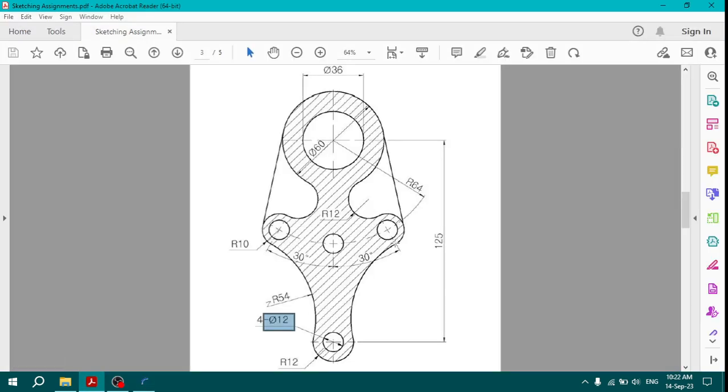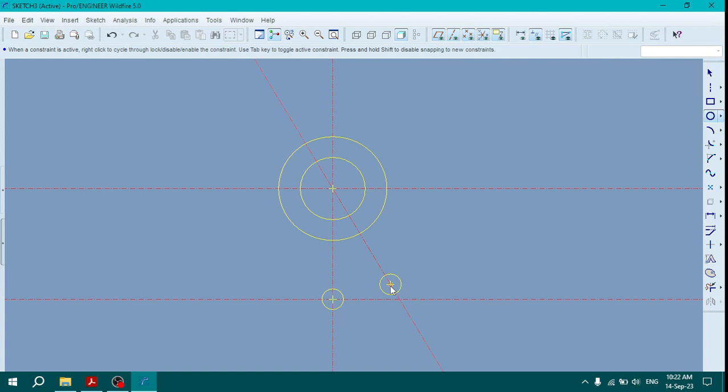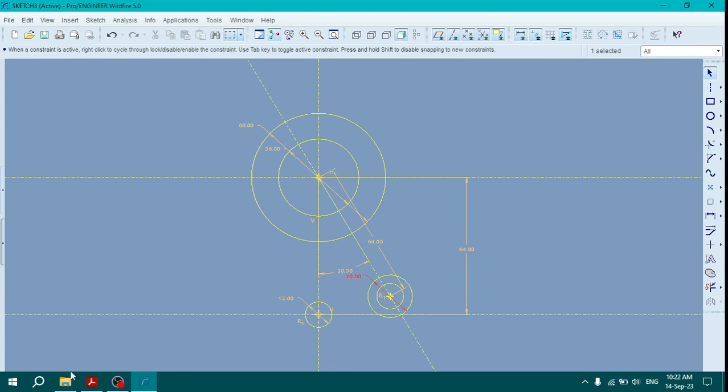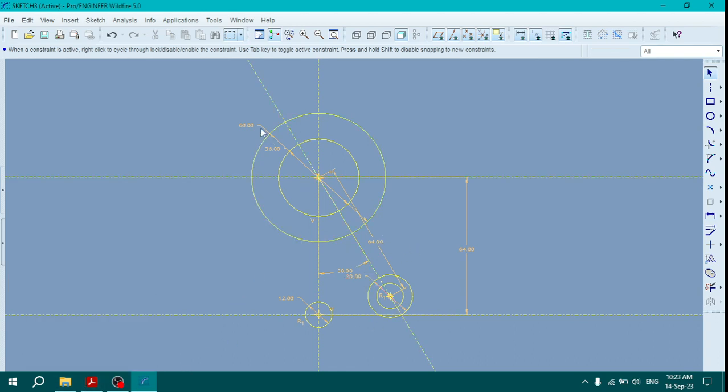Then there is this circle here, and its radius is 10, its diameter is 20. And now this outer circle is of diameter 60, and this here is of diameter 20.